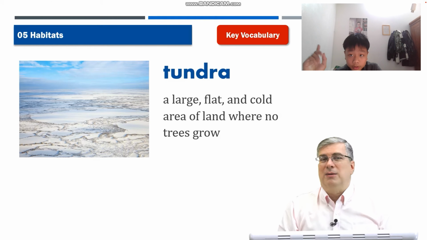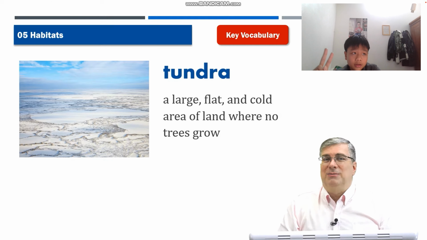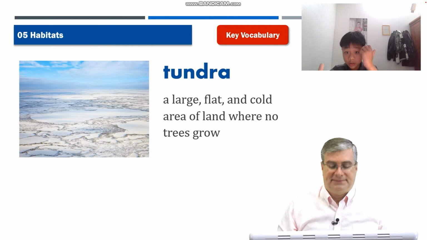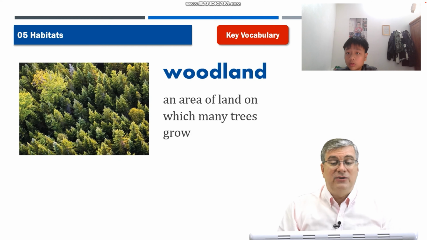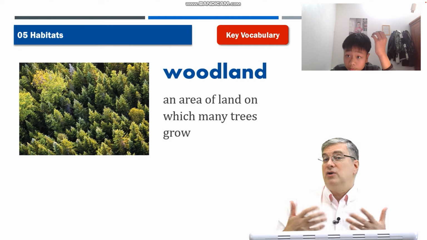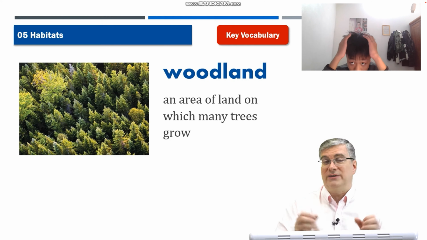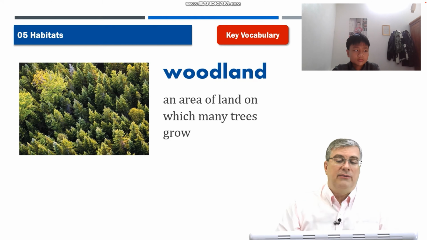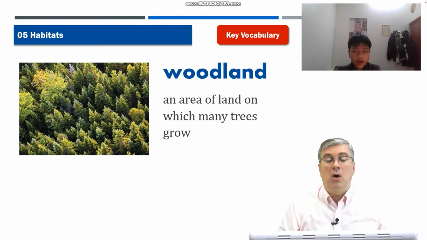Water first, second is the sunlight, and the next one is soil. Okay, so the tundra doesn't have those needs, so the plants cannot survive on that.